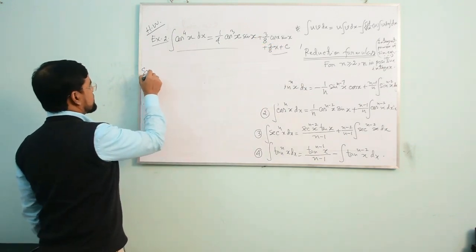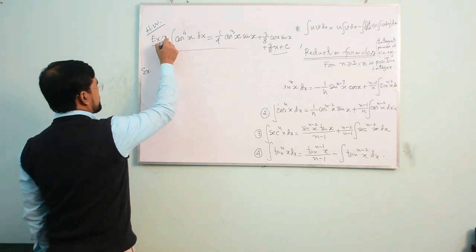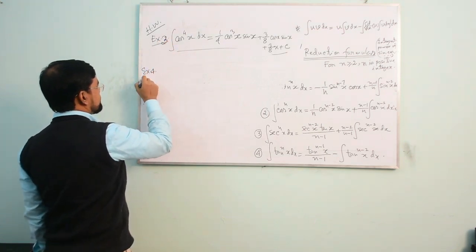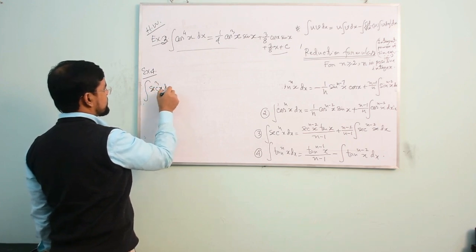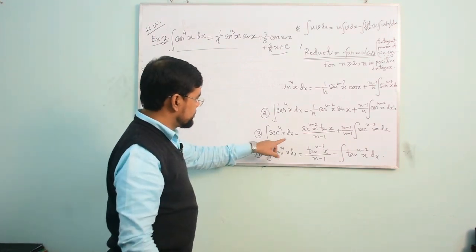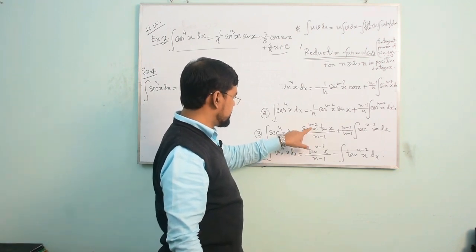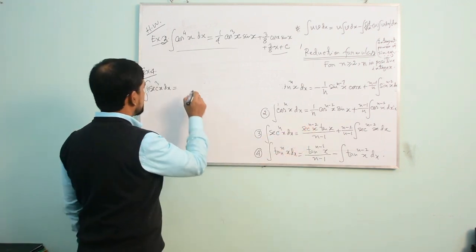Let's try example 4. Integration of sec cubed x dx is equal, so this is our formula with sec n minus 2 x.